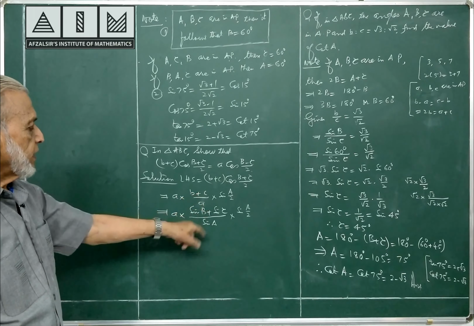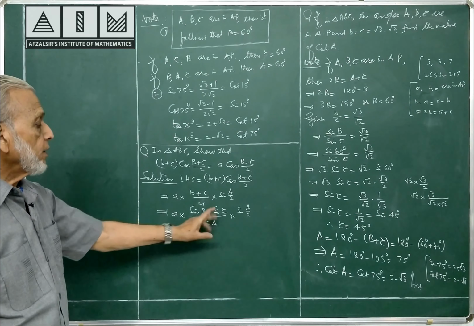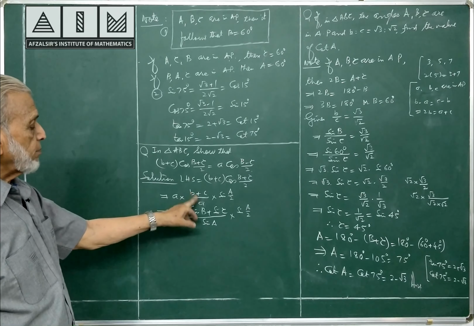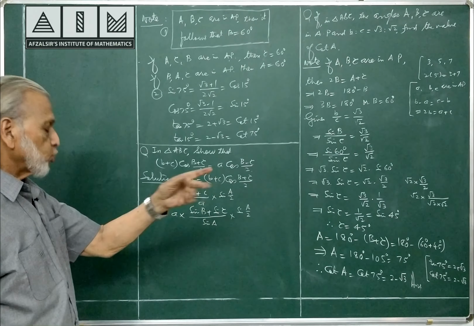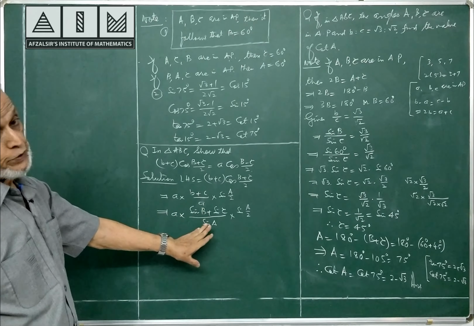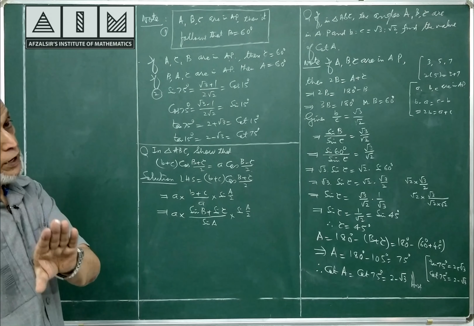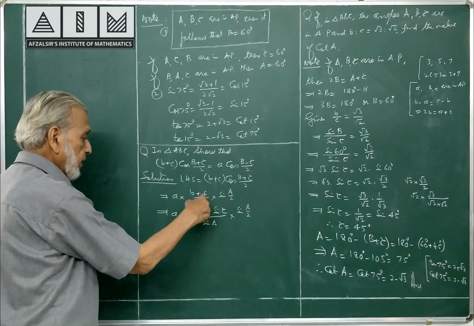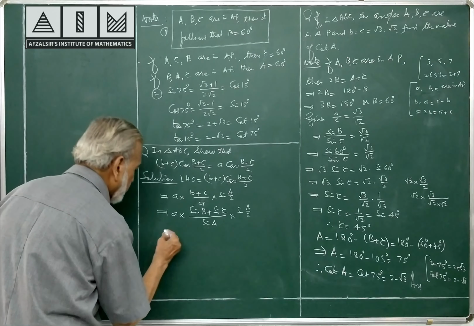(b plus c) by a is (sin B plus sin C) by sin A, by proportionality property. Every time you need not mention it. If you write (sin B plus sin C) by sin A, you must know that we have not substituted, we have followed the proportionality property of the sines of the angles of a triangle.